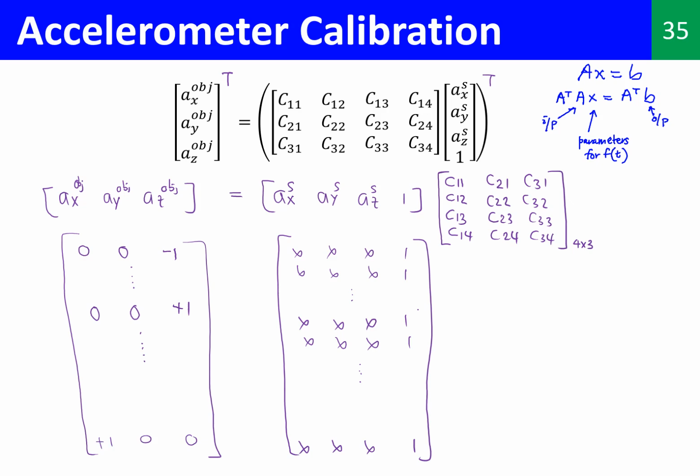Alright, so these are the expected, and these are raw readings. Right, so this is going to be n by 3, where n is the number of observations, and this is n by 4.